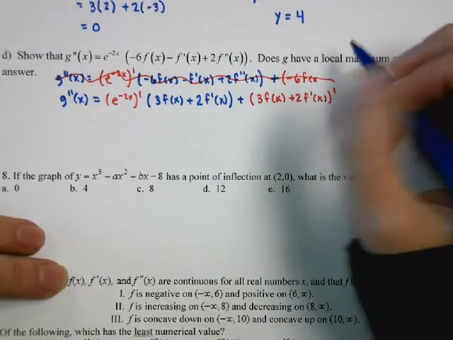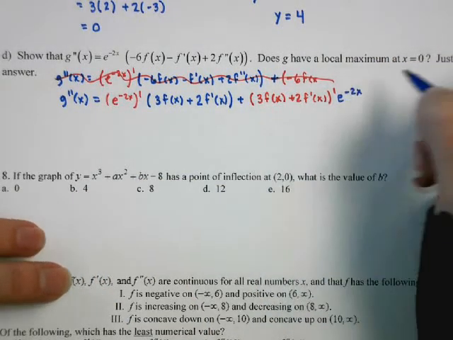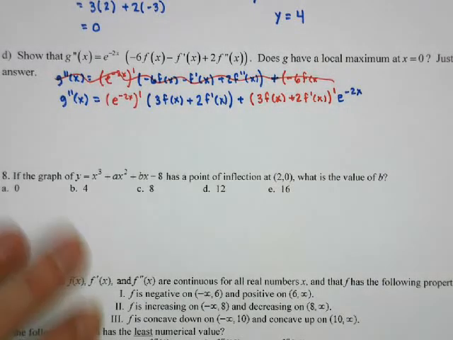So the derivative of e to the negative 2x is going to be negative 2 e to the negative 2x.